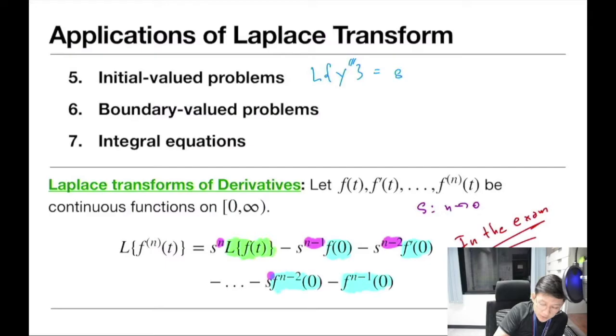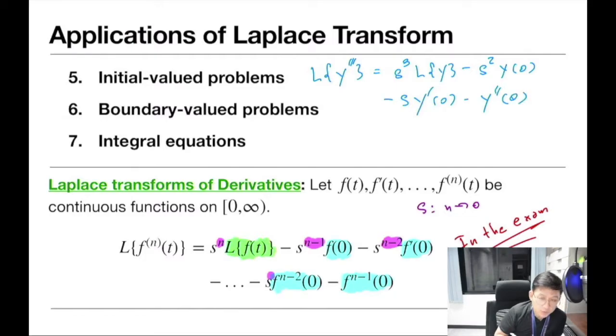It will be s to the 3 times the Laplace transform of y minus s to the 2 y0 minus s y prime 0 minus y double prime 0. Okay, you need to write it until there is no s anymore, right?